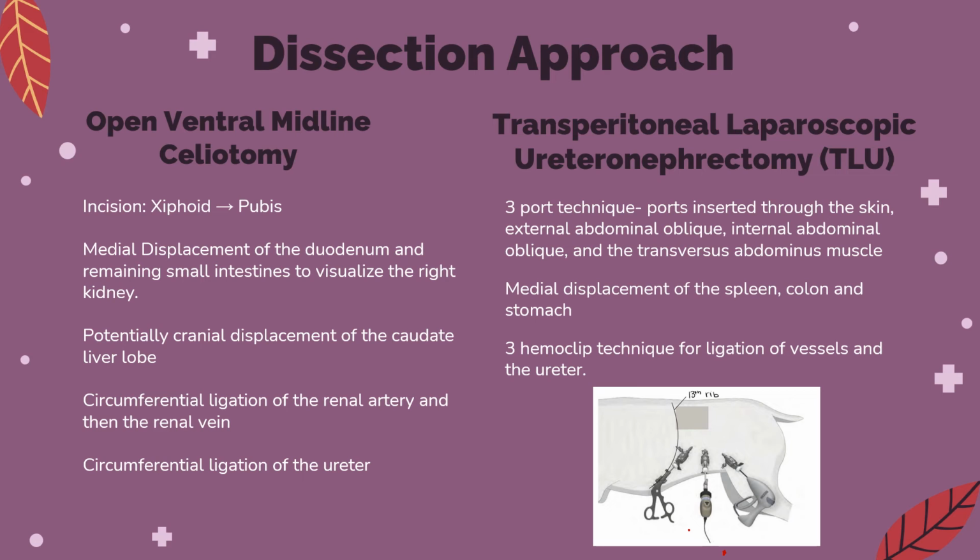Once the peritoneal space is accessed, the first things that I will see are going to be the spleen, colon, and stomach. If the stomach is filled with gas, which typically it won't be in a cadaver, then based on having the patient in right lateral recumbency with minimal traction, these structures should fall medially, providing adequate visualization of the renal structures.